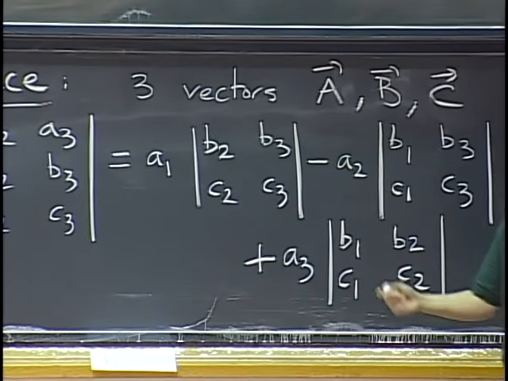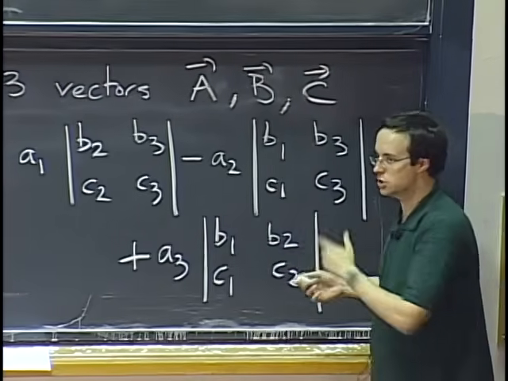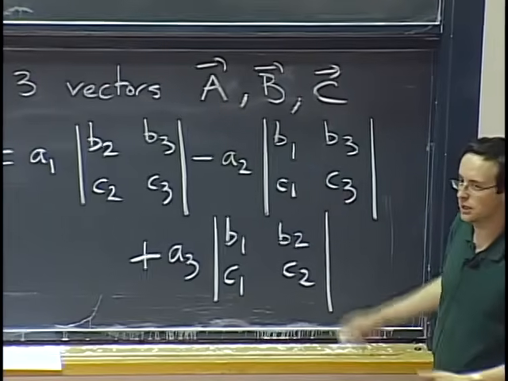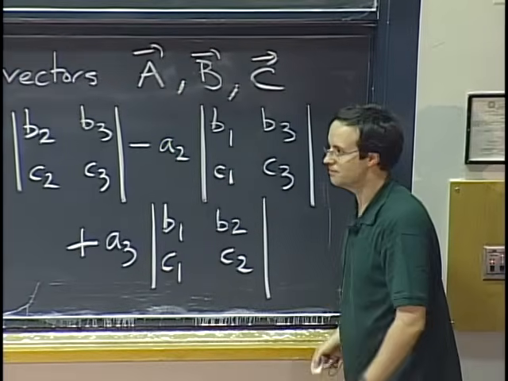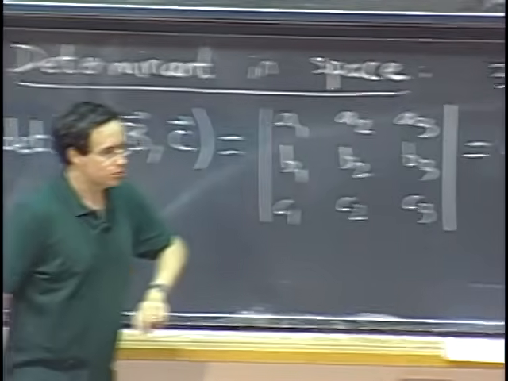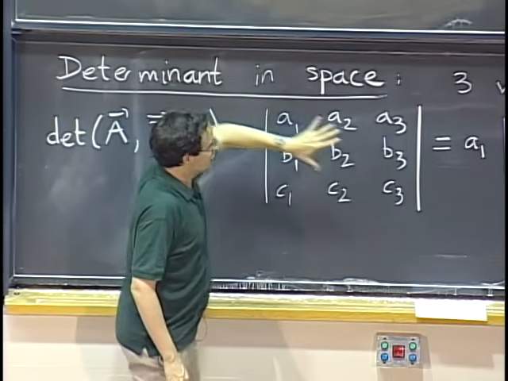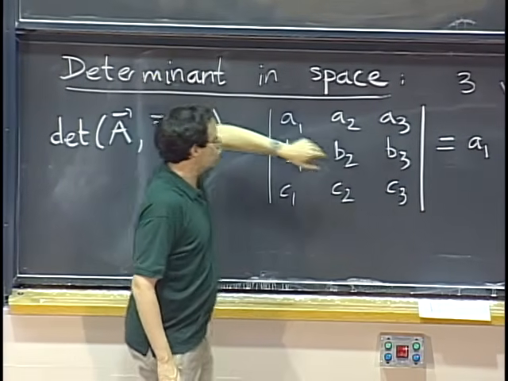Okay, and maybe some of you have already seen a different formula for 3 by 3 determinants where you directly have the 6 terms. It's the same definition. So how to remember the structure of this formula? Well, this is called an expansion according to the first row.